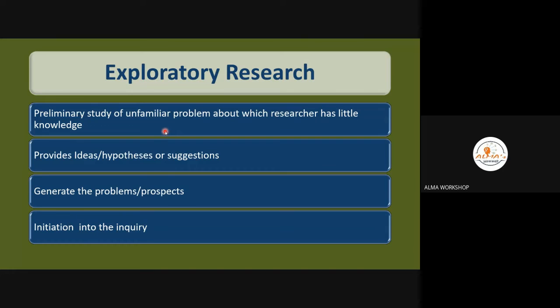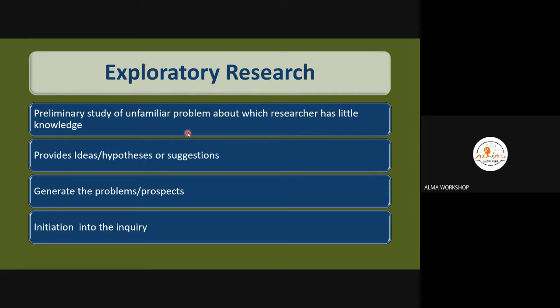You want to find out how the students are, what their family background is, whether their parents have studied, whether they can do well in their studies, and what their environmental background is, where they are from. All these are your exploration. So you have unfamiliar students, and you try to explore about those students. That is exploratory research.